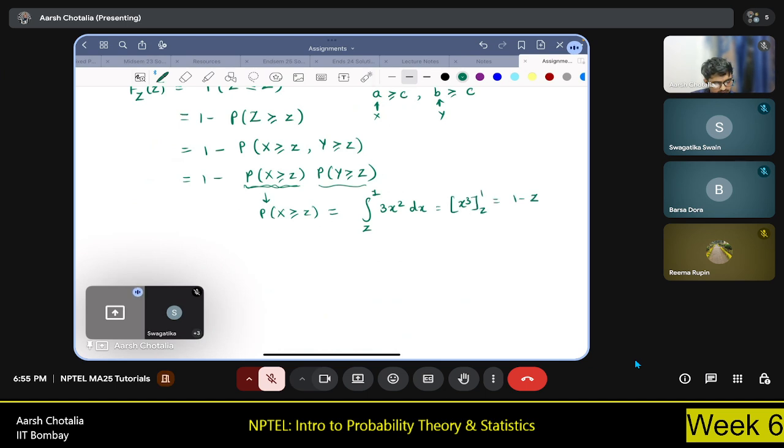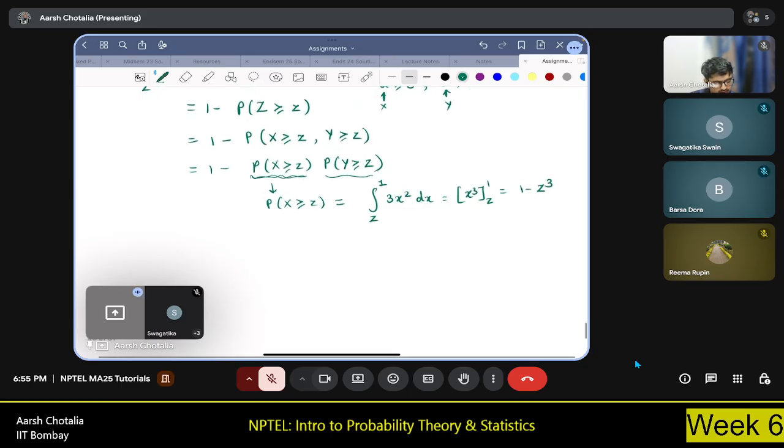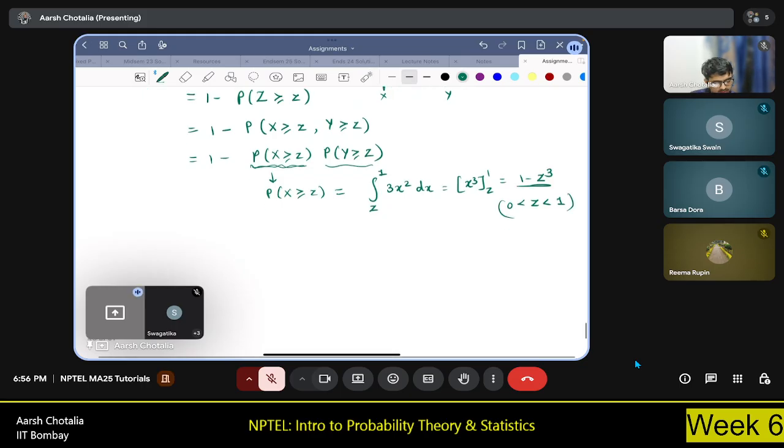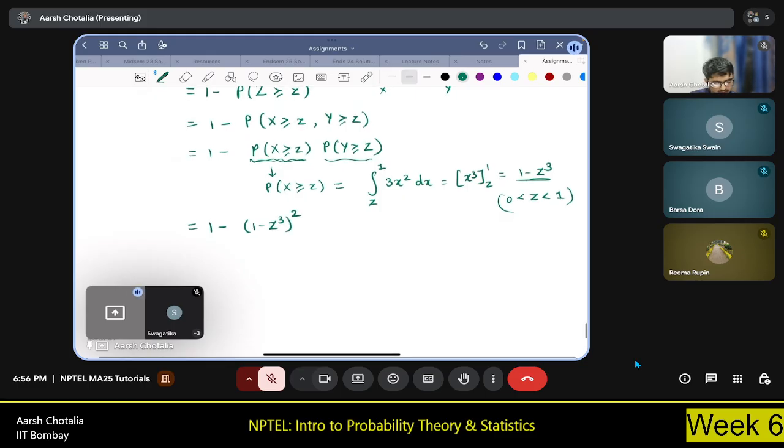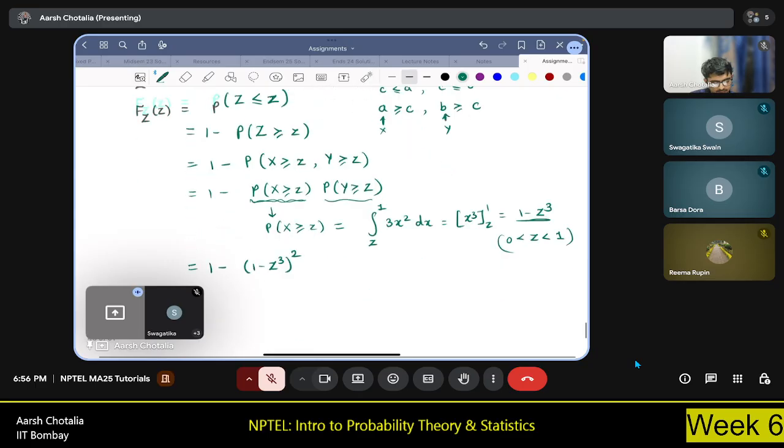So 1 minus z cubed, assuming that z is between 0 and 1, right? So this is the answer. So this becomes (1 minus z cubed) squared, right? Because the other thing is also the same.